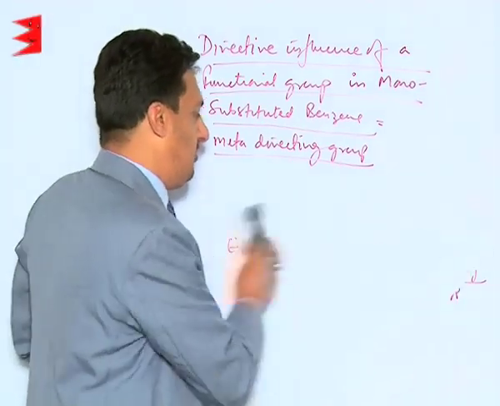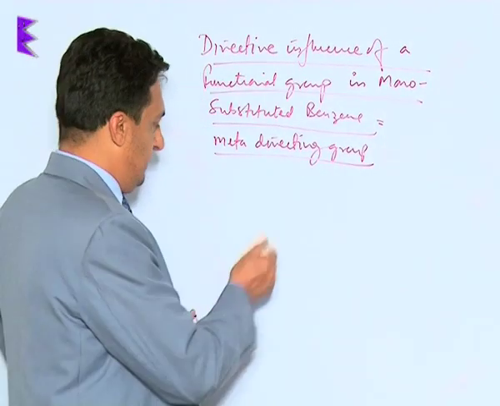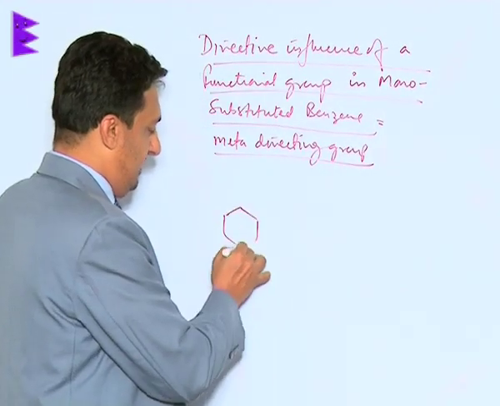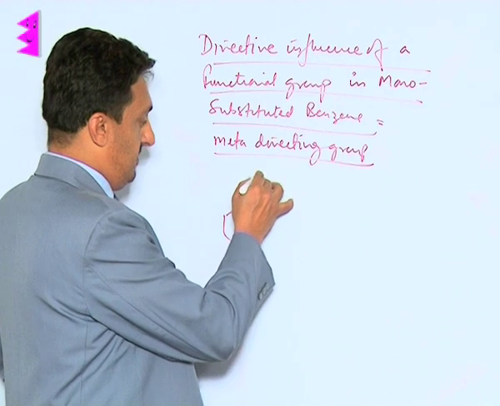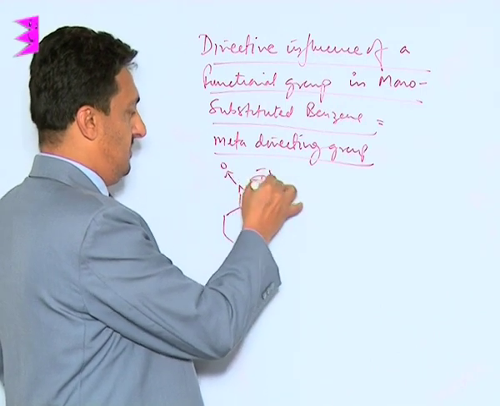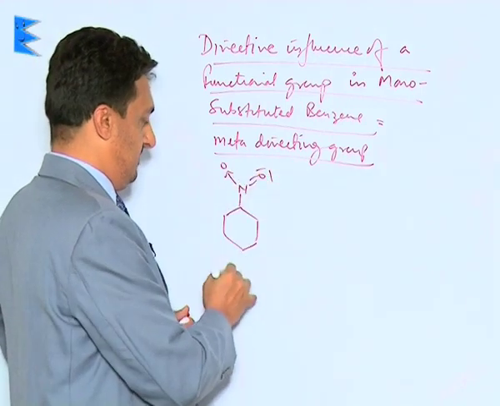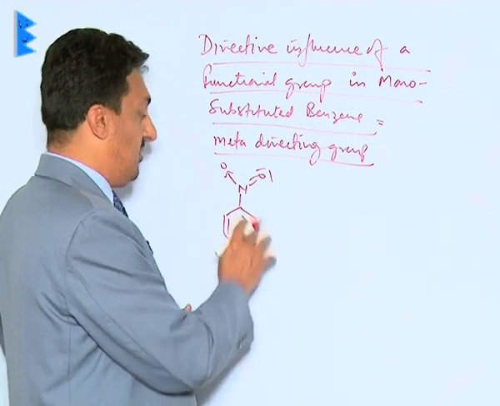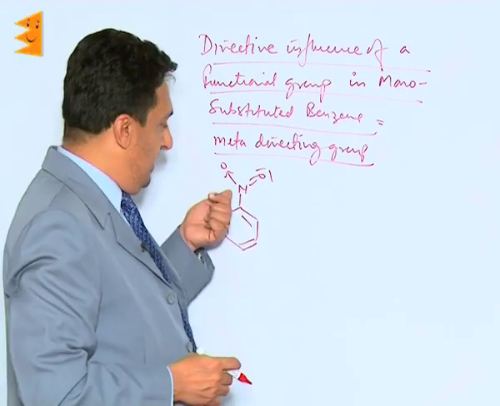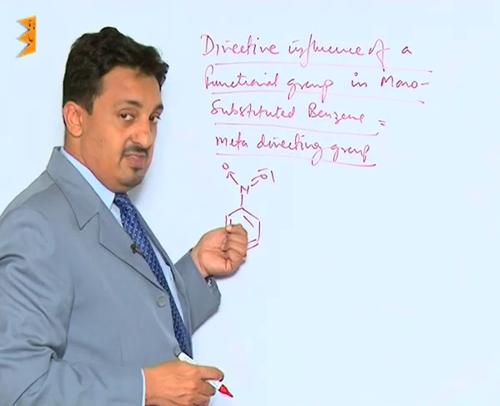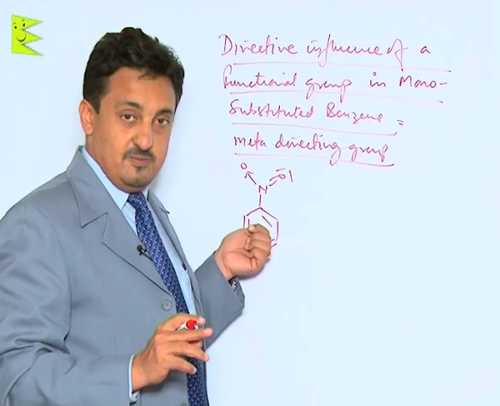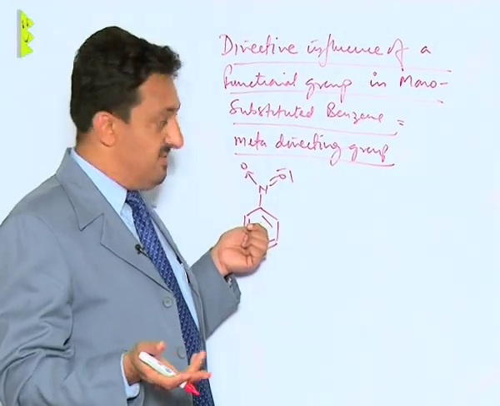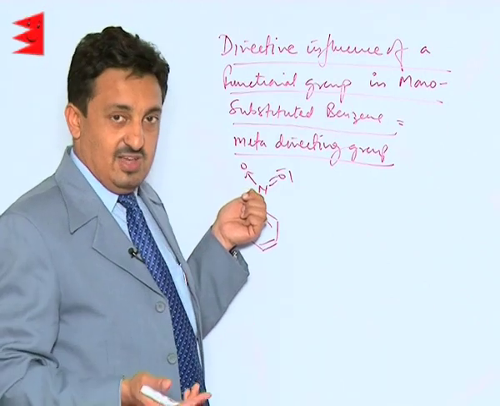Now let me explain one of these in detail. Let us take this example of nitrobenzene. In all these groups, the atom through which they are attached to the benzene ring will never have any lone pair. Rather, they will be bonded to more electronegative atoms.